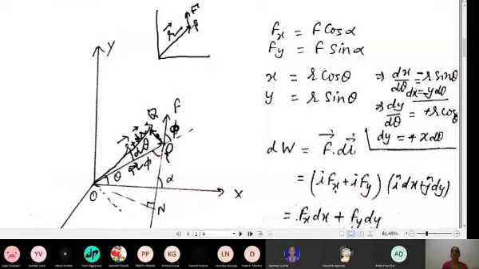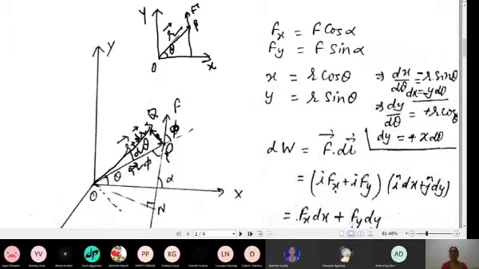This is just to make the values clear, that what is R. So this is of course the origin. Now this is point P. This is the position vector R. I'm applying the force F. I'm moving this body from P point to Q point.